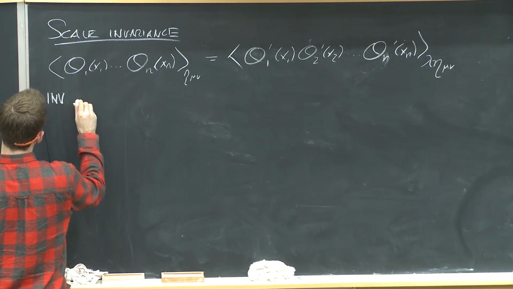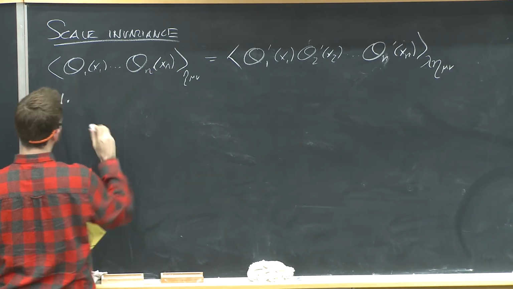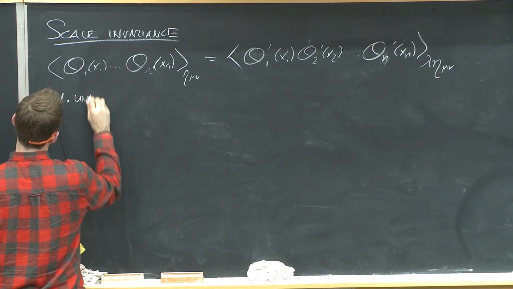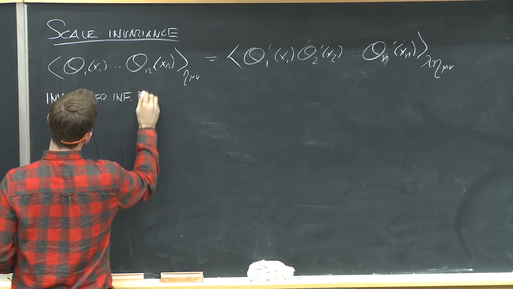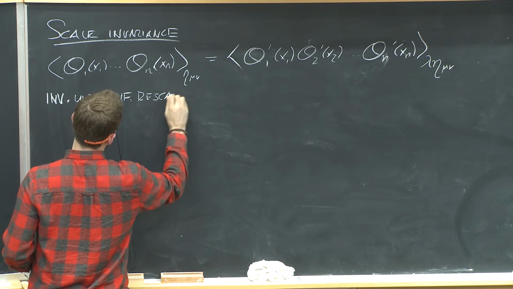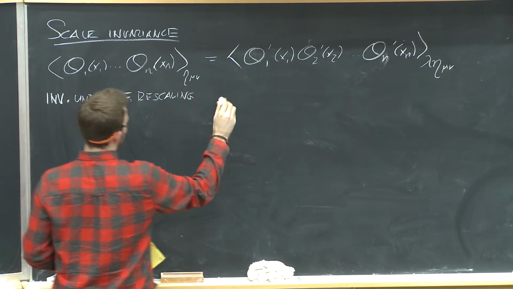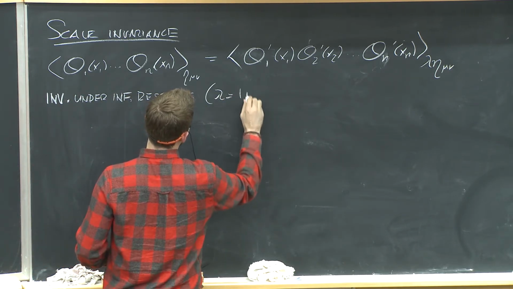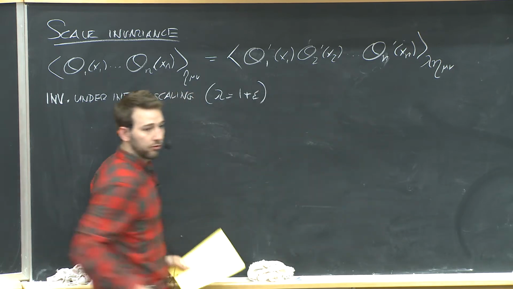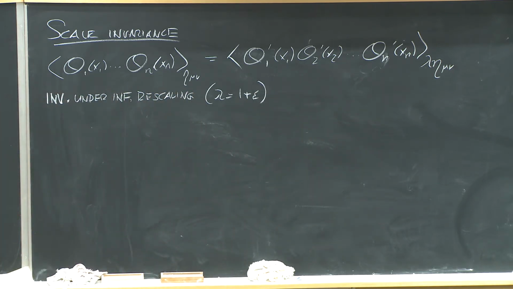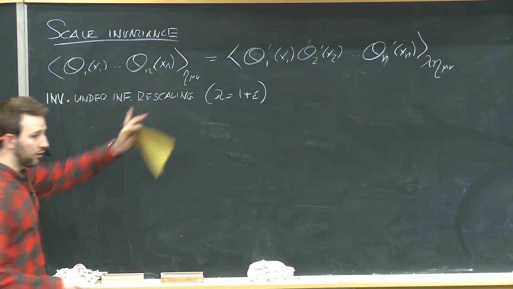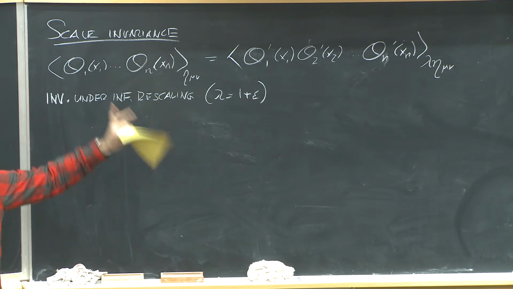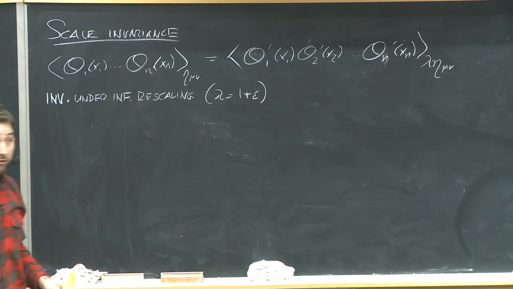And now you can consider this invariance condition under an infinitesimal rescaling. So lambda, this rescaling parameter on the metric, is just infinitesimally close to the unit. And then I use the fact that I know how to infinitesimally change the metric in terms of insertions of the stress tensor.